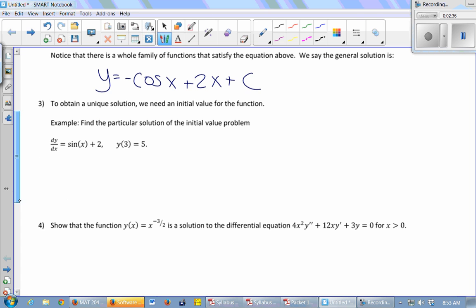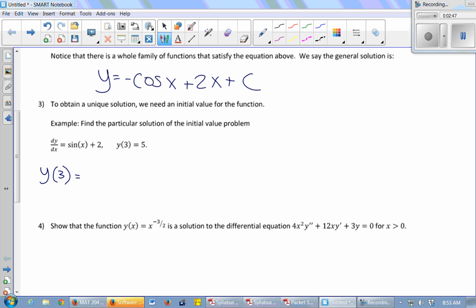So how would I use that initial value to figure out what c is? Plug in 3 for x, set it equal to 5. So y of 3 would be negative cosine of 3 plus 6 plus c equals 5. And then you solve for the c. So c is going to be 5 minus 6 plus cosine of 3, which is cosine of 3 minus 1.